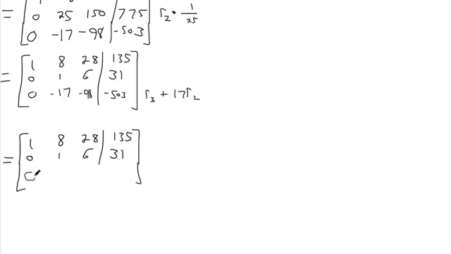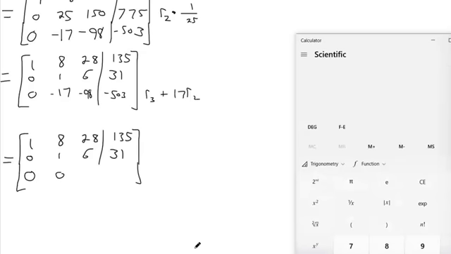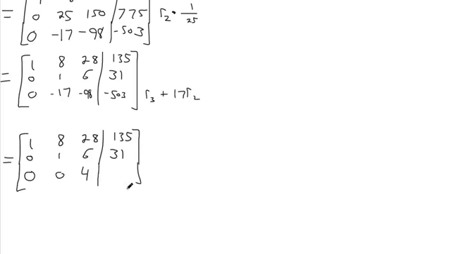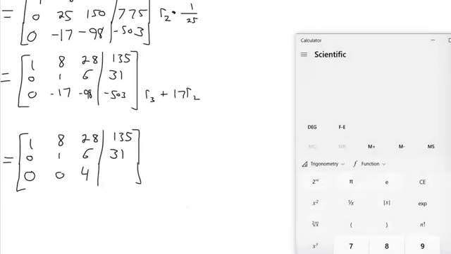So this is 0. 17 plus negative 17 is 0, just like we wanted. 17 times 6, add that to the negative 98, makes 4. And then we got 31 times 17, add that to the negative 503, makes 24.